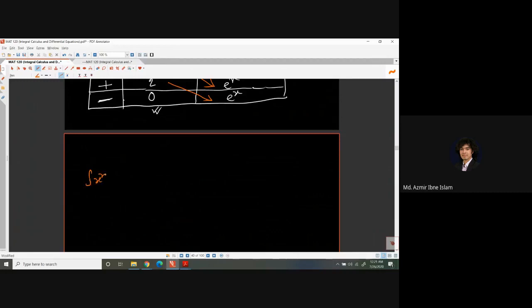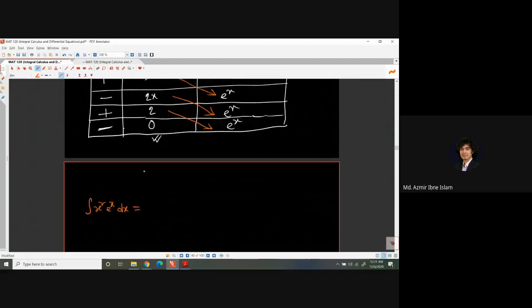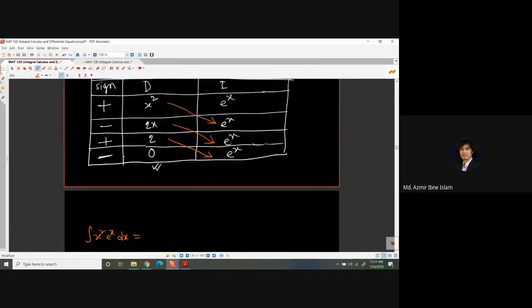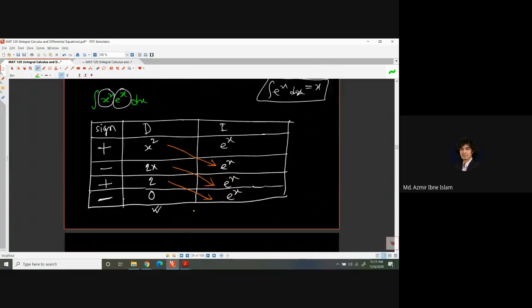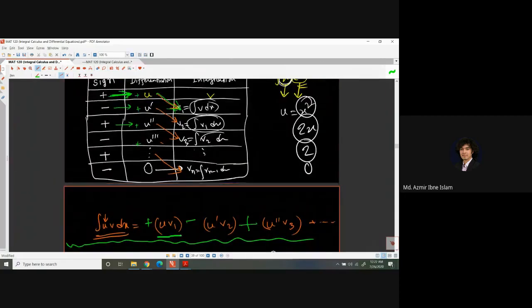Integration of x squared e to the power x will be the multiplication of x squared and e to the power x. At first I am writing the product forms. All this will be in product form. So x squared e to the power x, see, I am writing all these things in parentheses, just like this one.